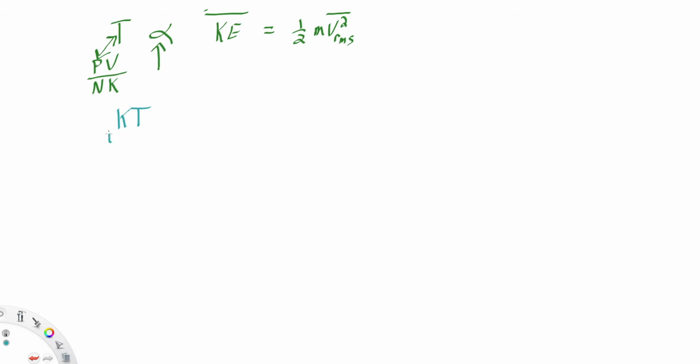And this has units of energy. So it turns out that Boltzmann's constant is the thing that lets us make this proportionality a firm equality. There is a little bit more touch-up work to do there.